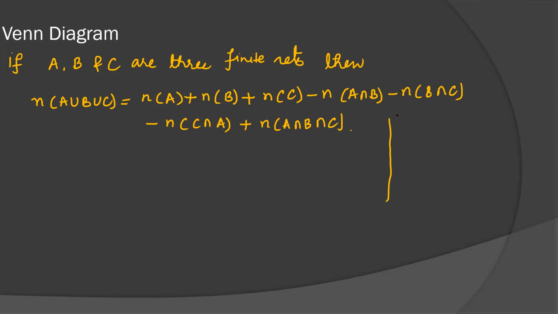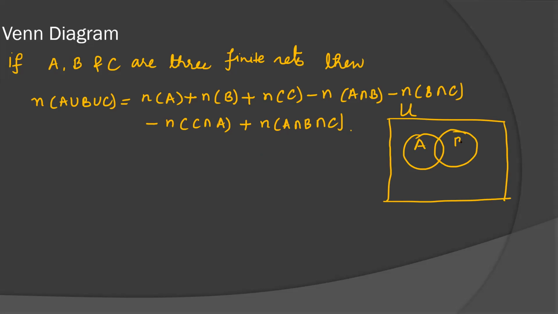In this case, you can draw the Venn diagram like this. This is your universal set. This is set A, this is set B, and this is set C I am taking here. So in A union B union C, if you are adding A, it means you are taking the A intersection B part, the A intersection C part, and the A intersection B intersection C part also here.